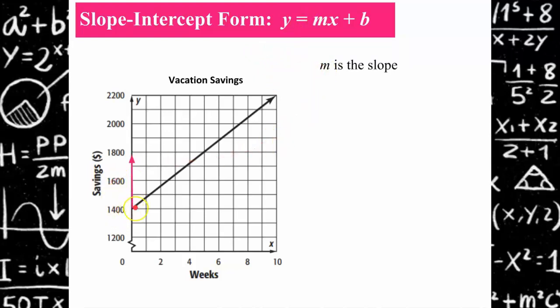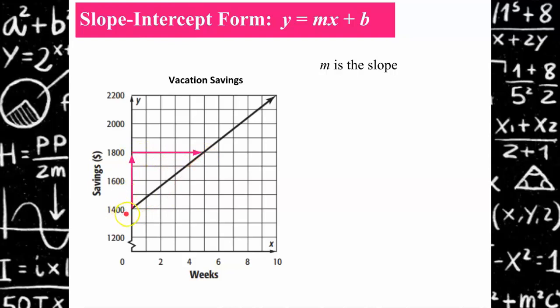So we're going to rise. I'm going to pick the point furthest to the left. You can pick any point on the line, but I'm going to pick this point, noting that it is the point 0, 1400. Now the next point I see on this line that I can tell exactly what the values are is this point right here. So when I run, I'm going to run to that point.